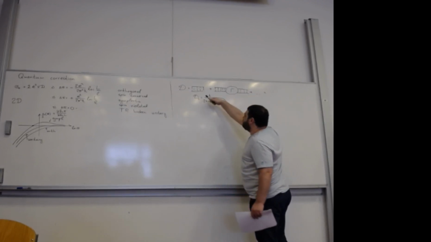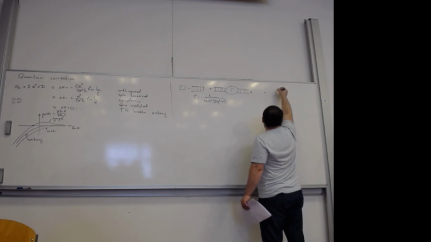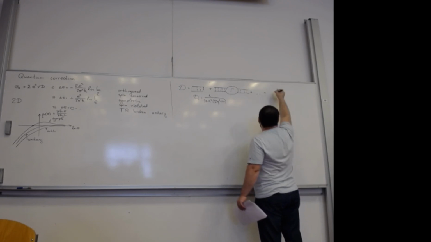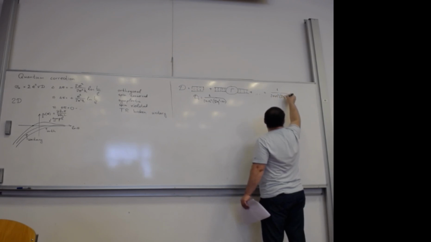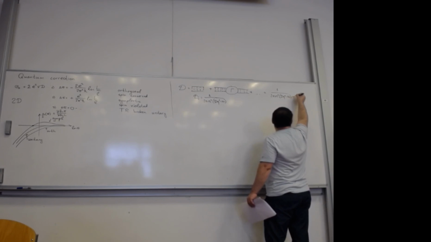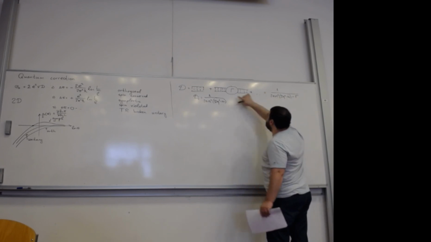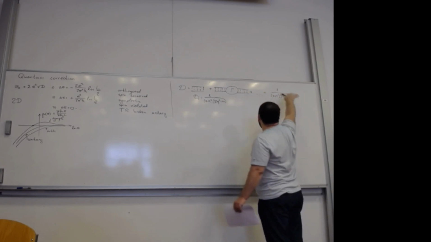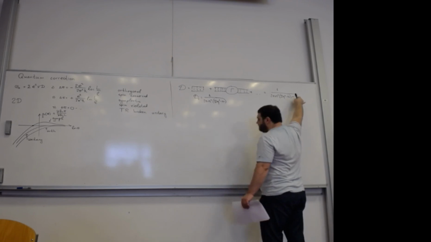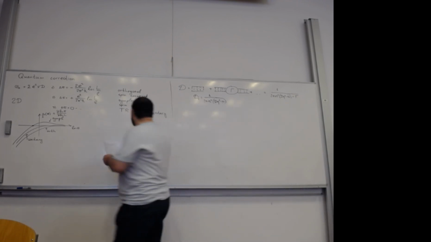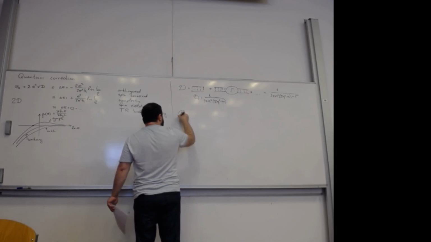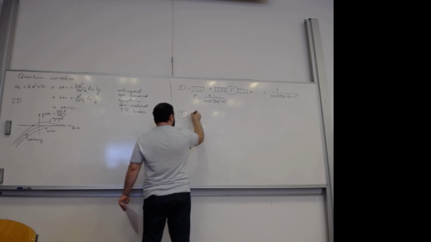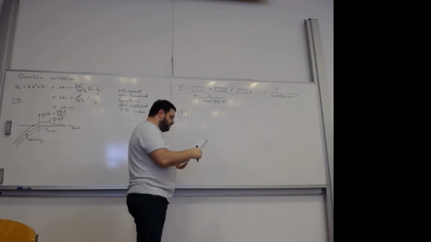And the full diffusion propagator is the same as this D0, 1 over 2 pi nu tau squared times (D q squared minus i omega minus gamma). So this gamma, this vertex, is the sum of a geometric series. It ends up in the denominator, and for this vertex gamma, there was an expression.